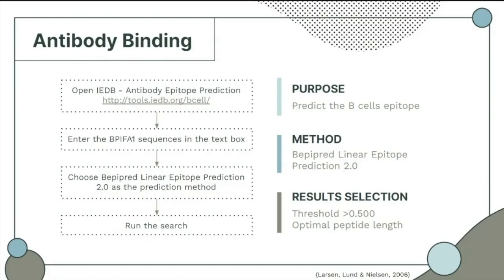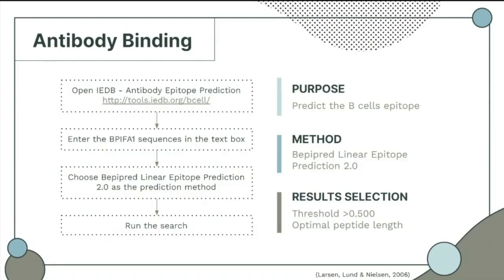And actually, this web server provides various prediction methods. But for this study, we're choosing the BepiPred linear epitope prediction 2.0 as the prediction method, and the search will be run. And then after the results were generated, we select the results based on several parameters, such as the threshold must be above 0.5, and also the length of the peptide must be in the optimal length.